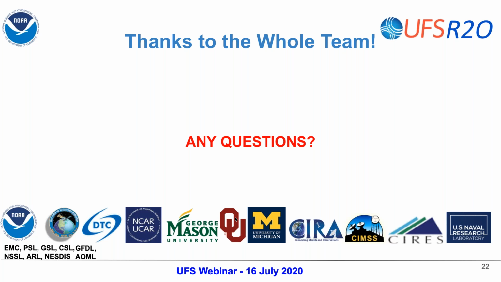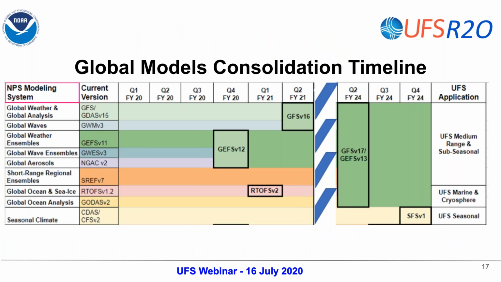Next question is from Srinivas Murthy. He says, I saw on one slide SFSV1, but there was already a SFSV1 in 2000 implemented by Kanamitsu Mingji et al. Okay, you're talking about down here in the lower right-hand corner. Yeah, so these names come to us from EMC, so I can't really comment on why that one's not named VX, where X is greater than 1.